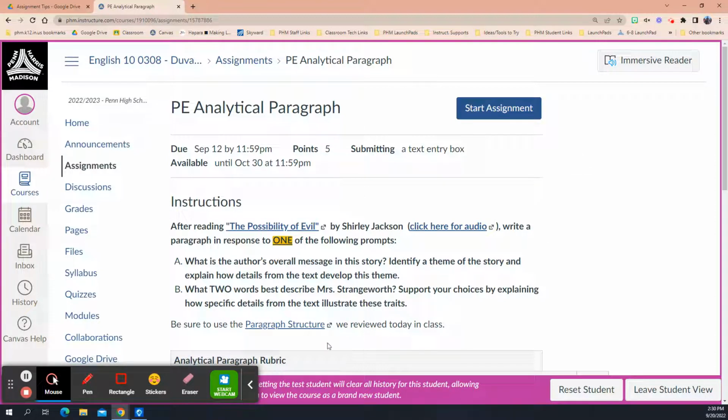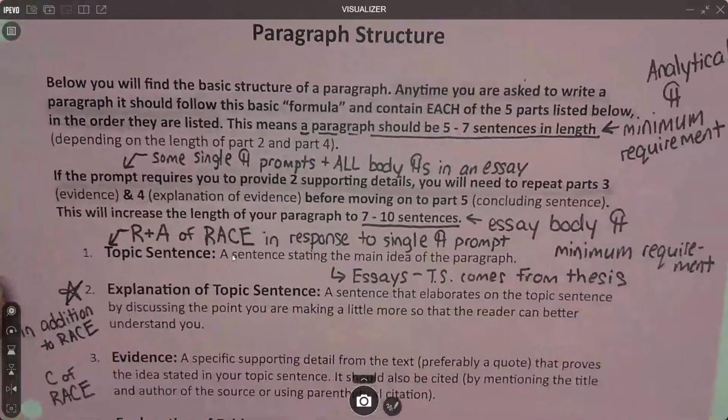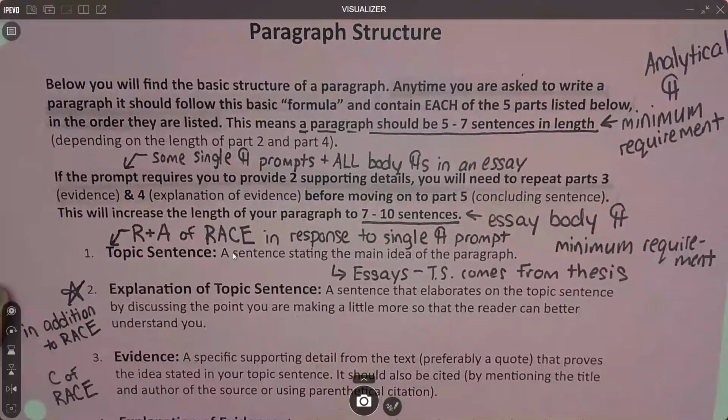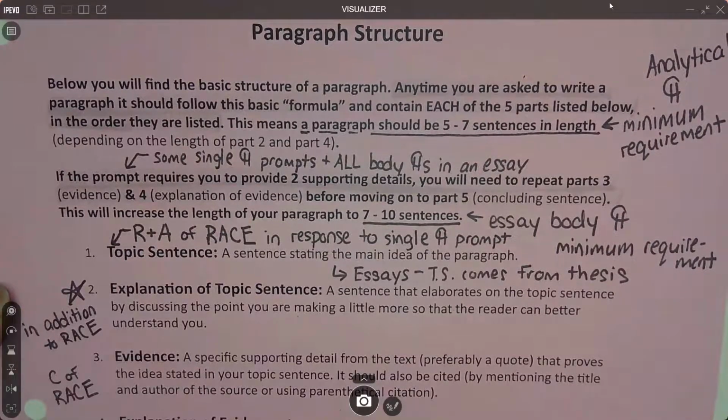All right. So remember that when we do a topic sentence for a single paragraph prompt like this, we are doing it just the same way we would do the R and A of RACE in a short answer response.